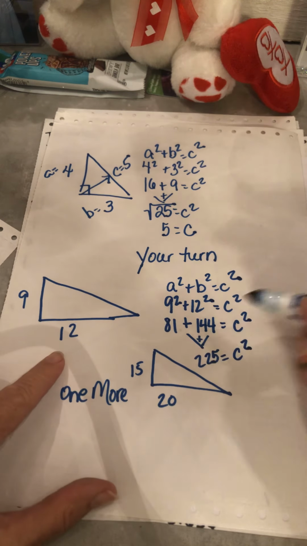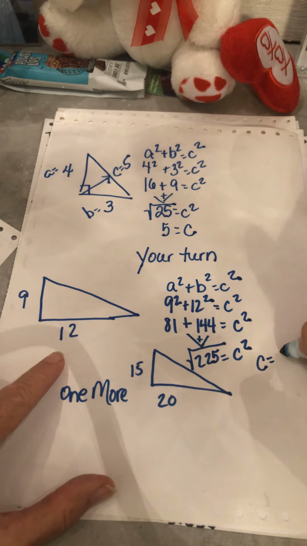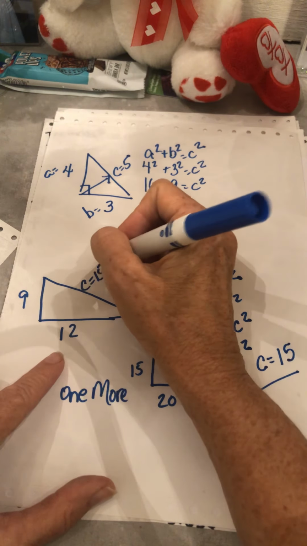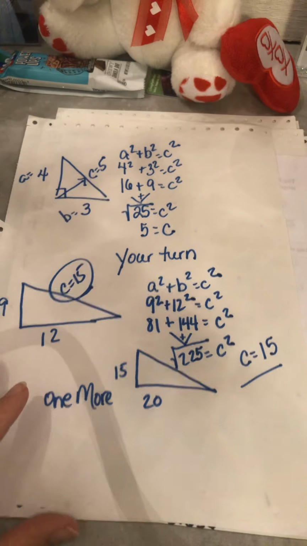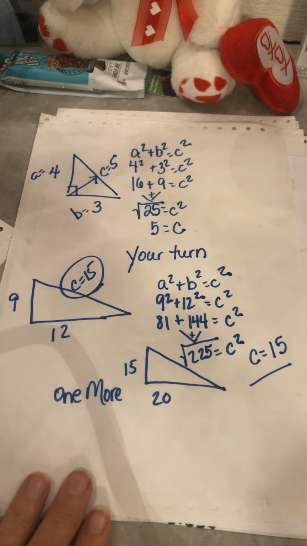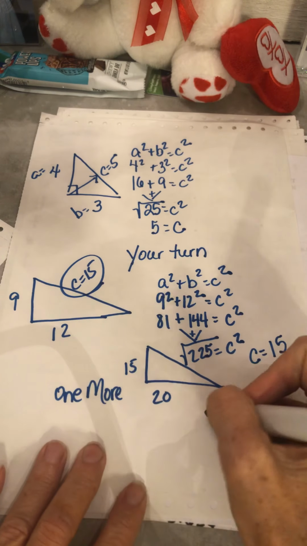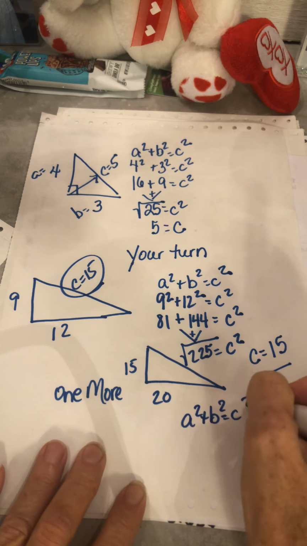And then if you used your calculator, you probably found out very quickly that the square root of 225 is 15. So I know that my hypotenuse is 15, and yes, it follows suit in the fact that it's my largest measurement.